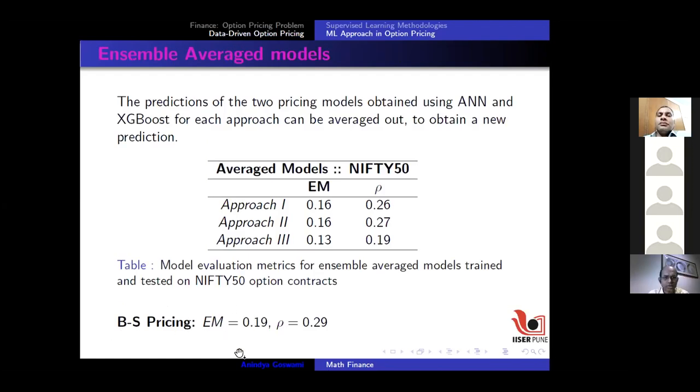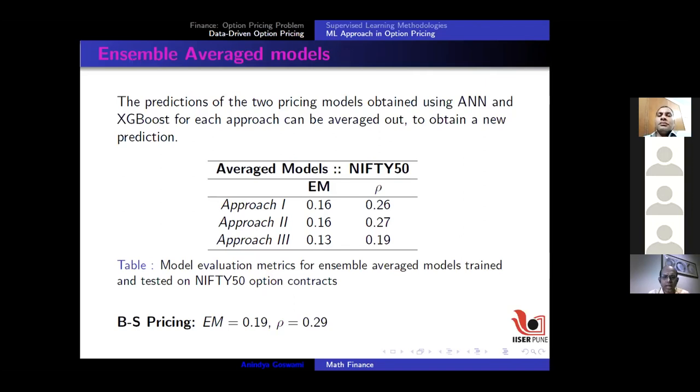So for the Black-Scholes option price, the error we computed for this particular case, the NIFTY50 data, turned out to be 0.19. However, the average model error, because we have trained the model, is also in the list.